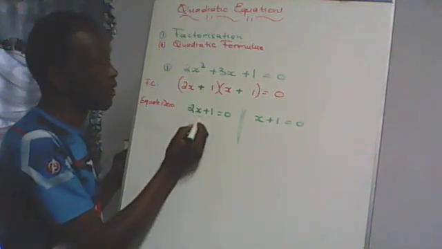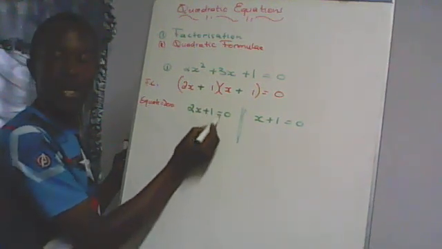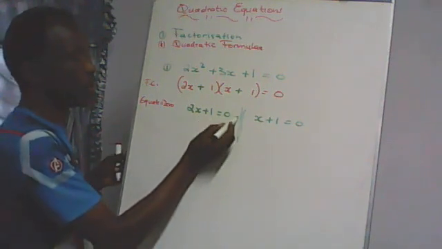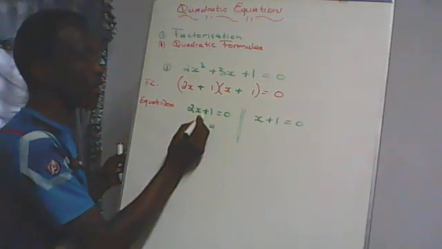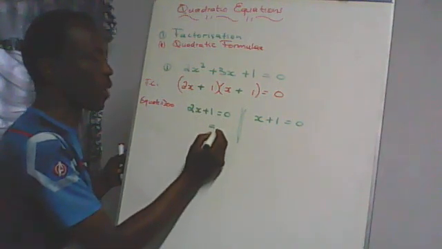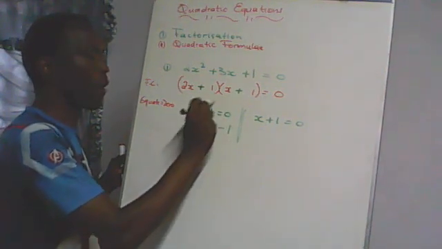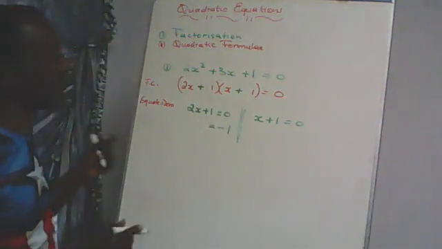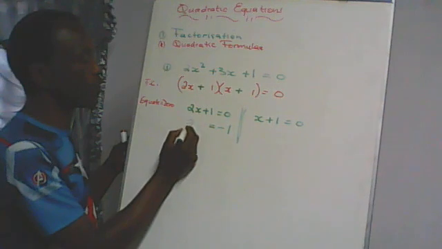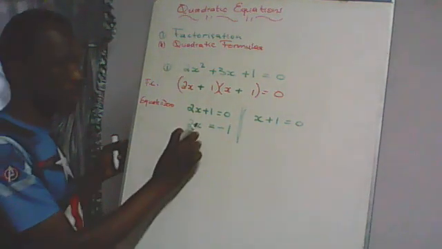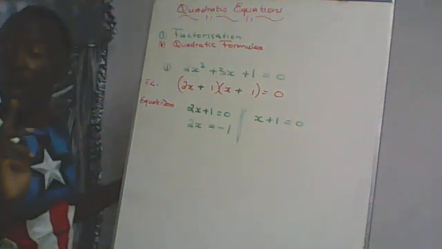So in this case, the first thing to get rid of is the constants. You take it to that side, and then you undo positive by minus. 0 minus 1 is negative 1. When you transpose it to the other side, you just change the sign. And then here you will be left with 2x. This is not x. It is 2x.